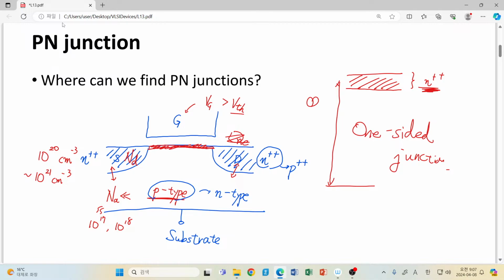So we can think about just one type, for example an N plus P junction. After that, we can convert its polarity to a P plus N junction without much difficulty. Okay, so are you with me? That is the typical thing we will have.